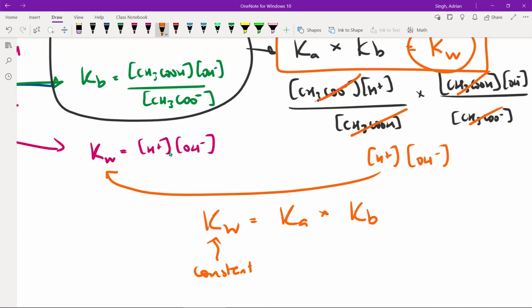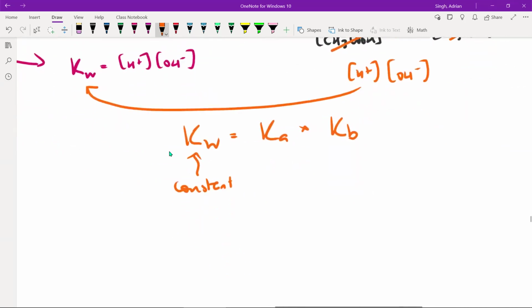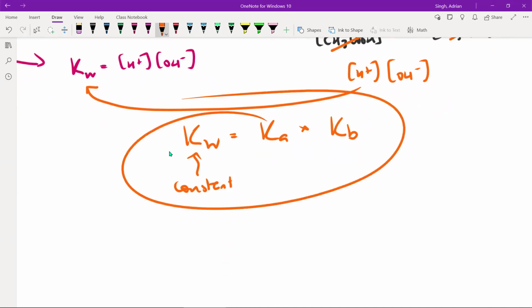What would happen if the Ka value increased? Well, if Ka goes up, that means the Kb has to go down. And the opposite is true as well. If Kb goes up, the Ka has to go down. That's the reciprocal relationship that we mentioned before, where a strong acid is going to have a weak conjugate base, and a weak acid is going to have a strong conjugate base. That is based on this expression.